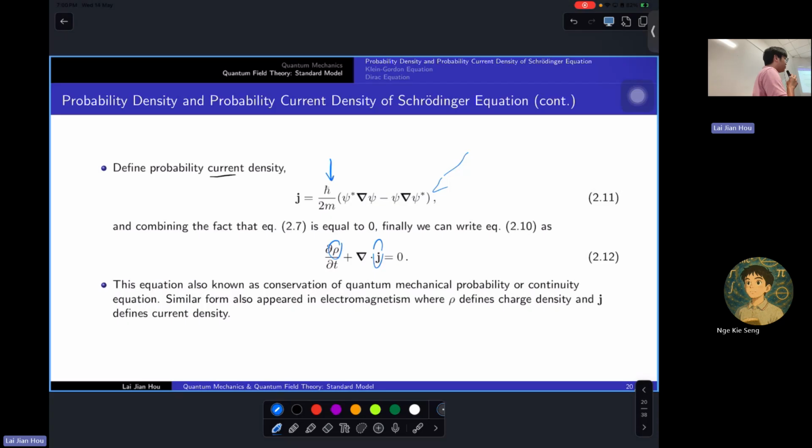You mean the probability current density, or that is electromagnetic? Yeah.